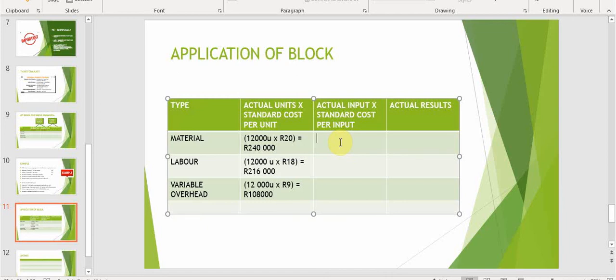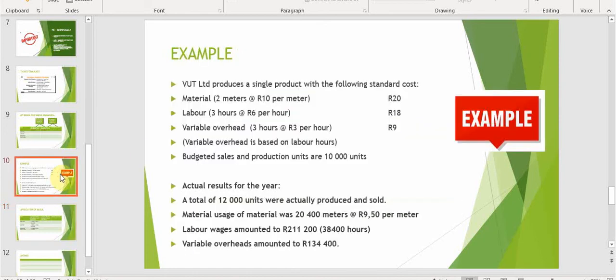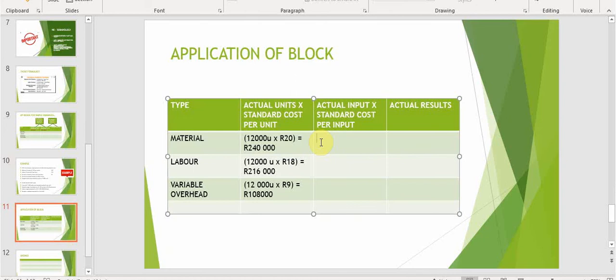I'm moving on now to my third column, and that says actual input times the standard cost per input. So let's look at the material. What was the actual input for material? If I go to my actual information, the actual input was 20,400 meters. So I'm going to type it in: 20,400, I'm going to say M, that's meters, and I need to times it by the standard cost per input.